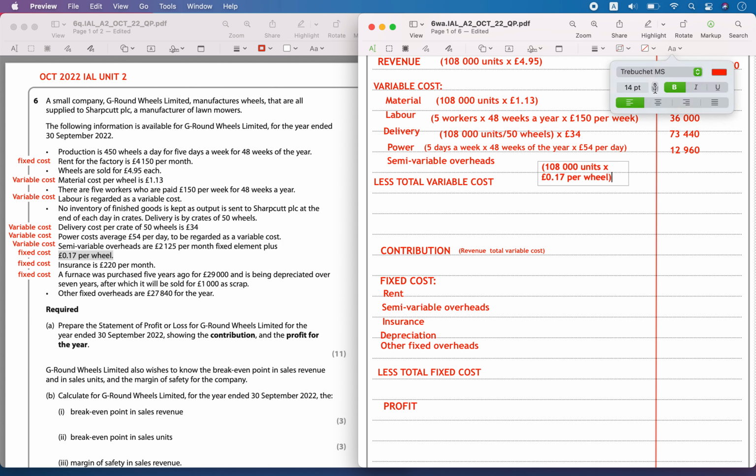So that is going to be equal to 108,000 into 0.17, that is 18,360.